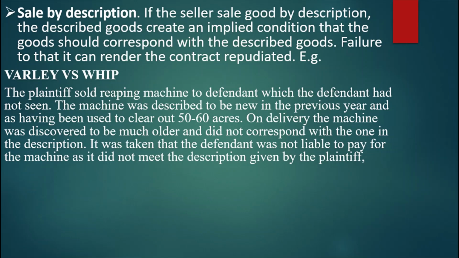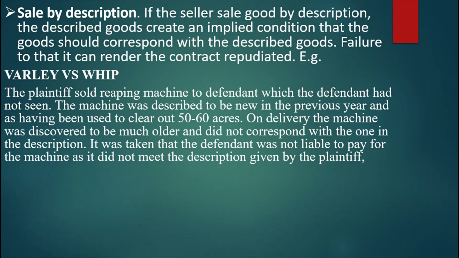The plaintiff sold a reaping machine to the defendant, which the defendant had not seen. The machine was described as new the previous year, and as having been used to clear 50 to 60 acres. On delivery, the machine was discovered to be much older and did not correspond with the one in the description. It was held that the defendant was not liable to pay for the machine as it did not meet the description given by the plaintiff.